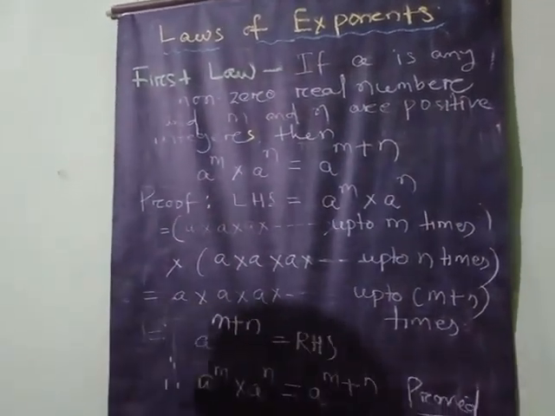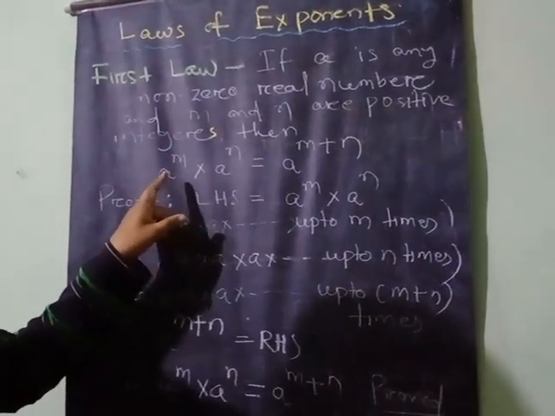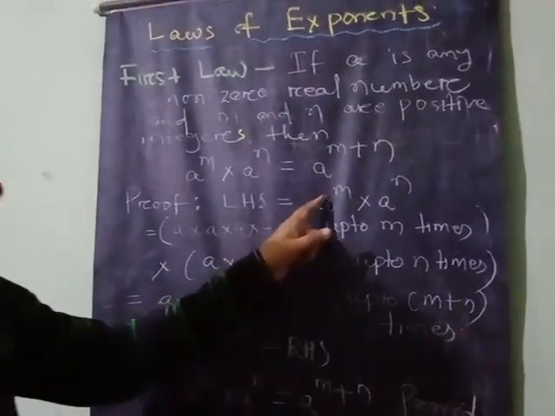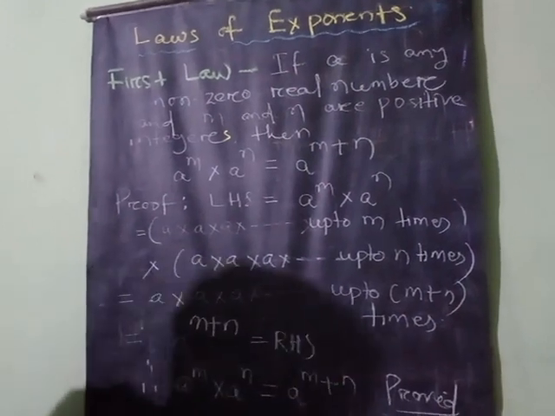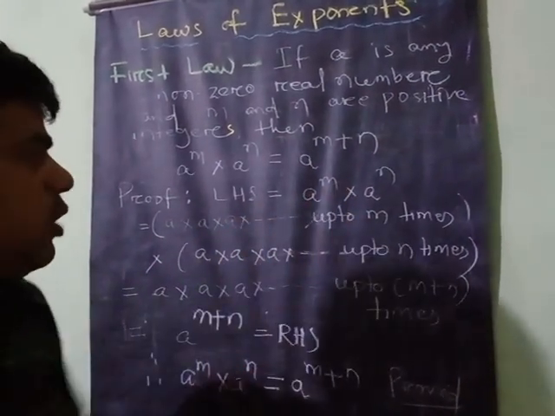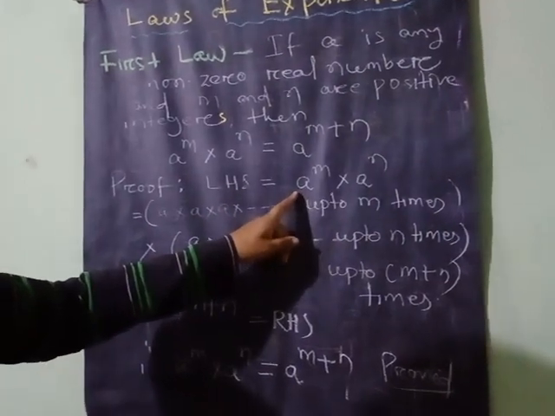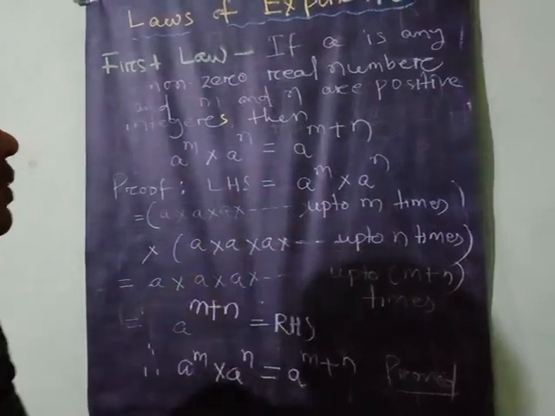Okay, let us prove it. Write down the LHS. The LHS is a to the power m into a to the power n. Students, all of you know, according to the definition of exponent, a to the power m is an exponent. It means the base a is multiplied how many times? M number of times.